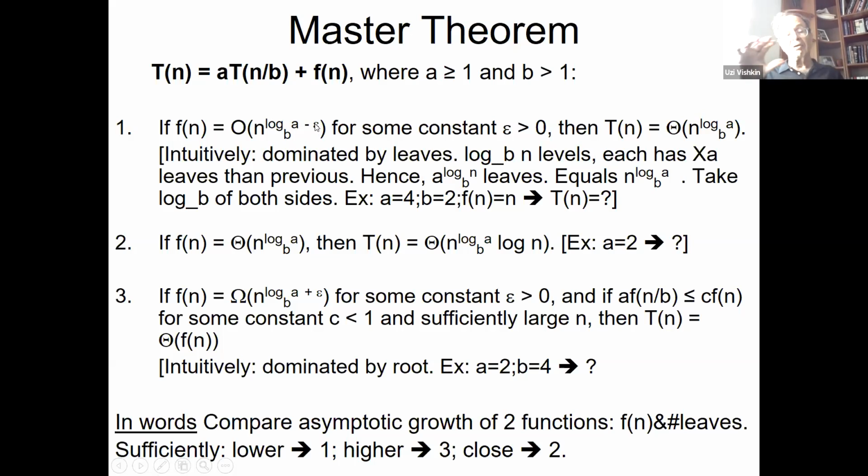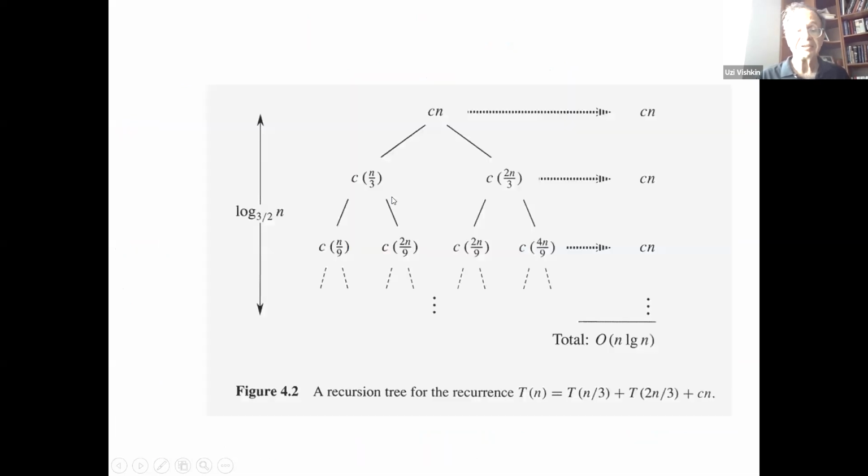So it is an order of magnitude below n to the power of the logarithm of a to the base b. To the extent that you can point at some constant, it means that f(n) is playing a minor role, and the solution will be the total number of leaves. And this is exactly the type of case that we saw in this example.